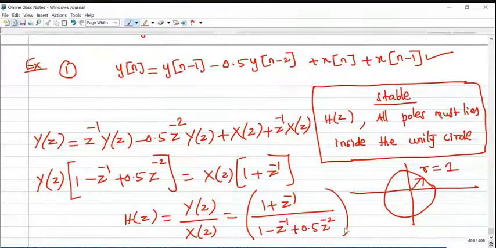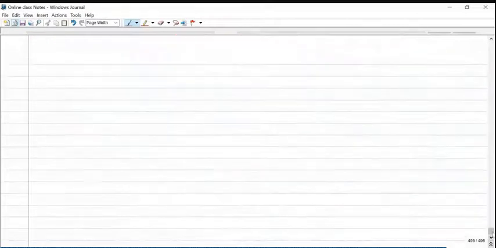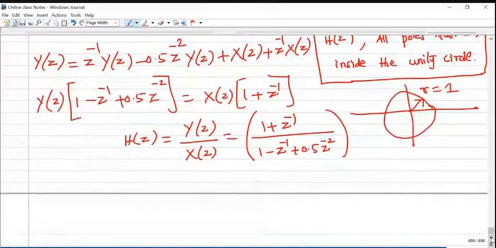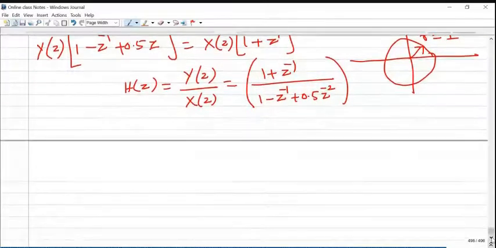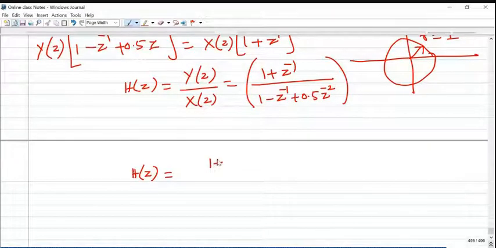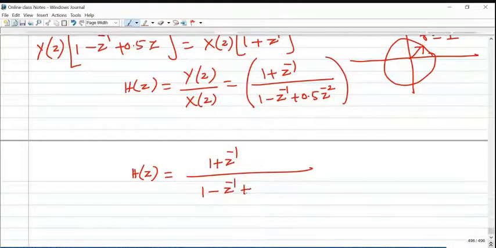Okay. Now you have to factorize this. Then only we will come to know how many poles are there, whether poles lie within the unity circle or outside the unity circle, we can check. So H(z) equal to (1 plus z power minus 1) divided by (1 minus z power minus 1 plus 0.5 z power minus 2). What is the higher order here? Z power minus 2 maximum. So multiply z square on both sides.